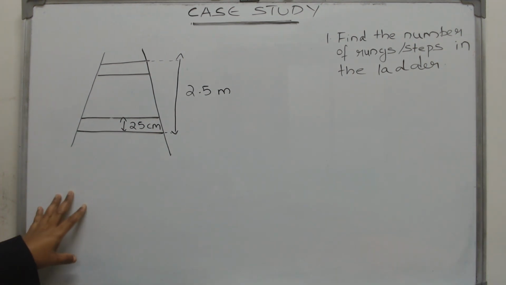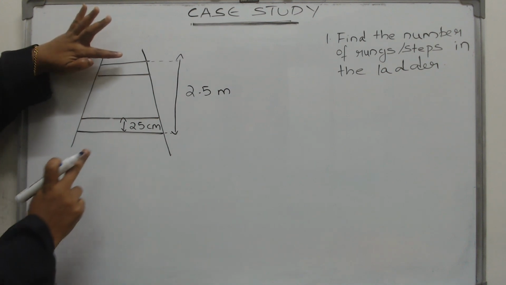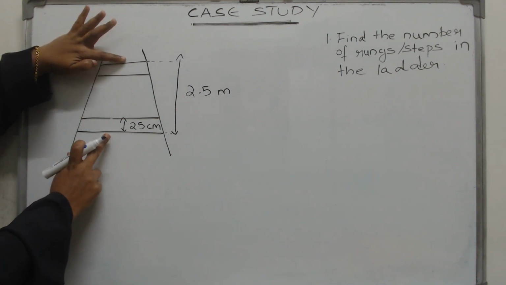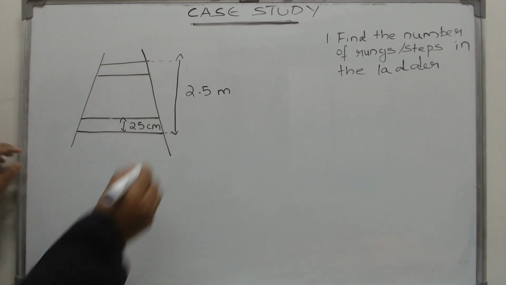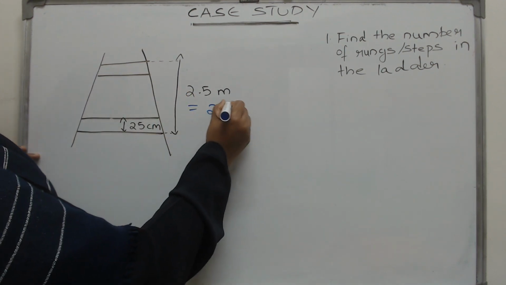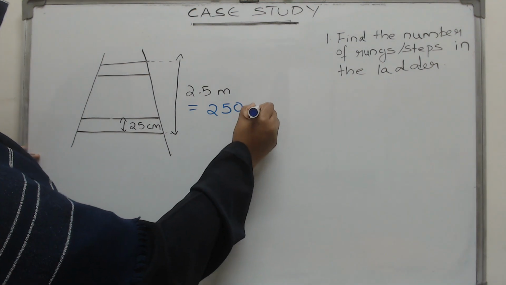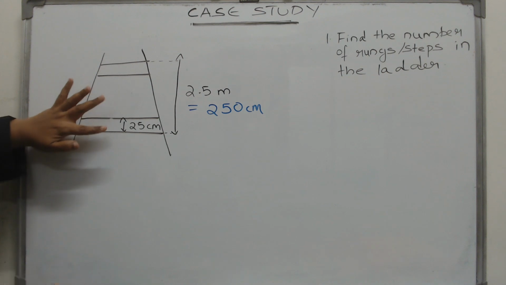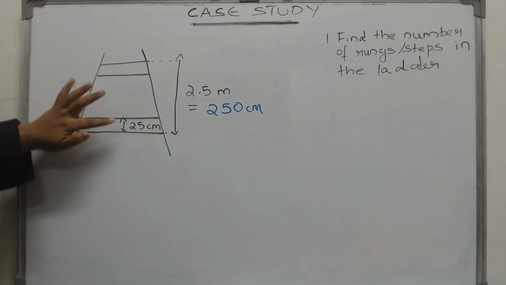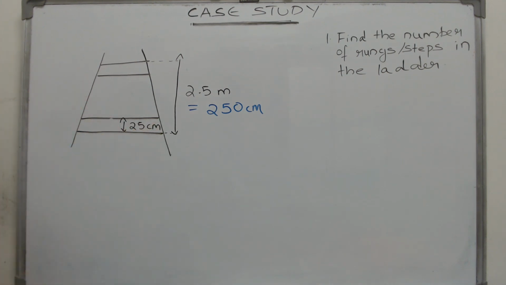And what is the information given? The distance between the top and the bottom steps of the ladder is 2.5 meters, or in other words 250 centimeters, and the gap between any two steps or any two rungs is 25 centimeters.